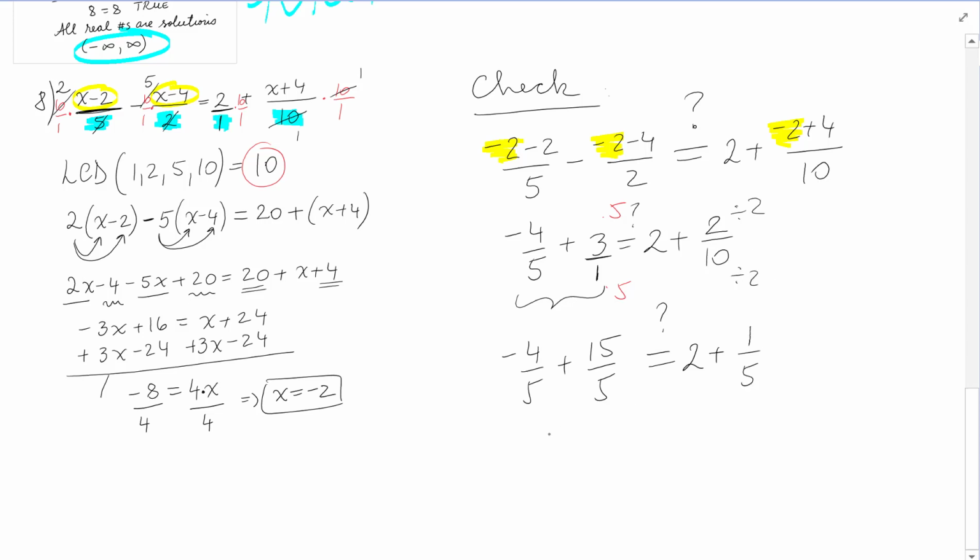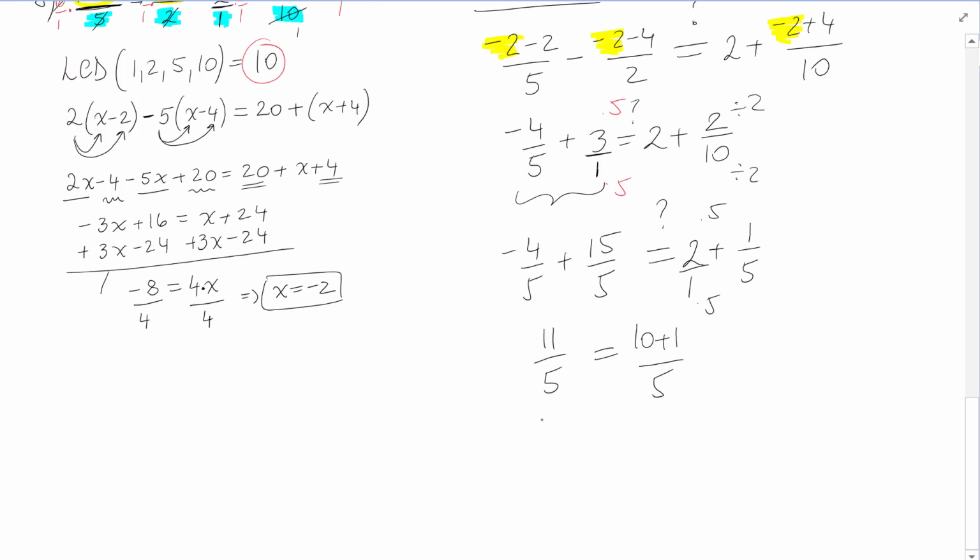So the left side is 11 over 5. And the right side, well, it's 2 over 1. Add the same denominator, so 10 plus 1 over 5. And we did get 11 over 5 equals 11 over 5. So we got that negative 2 was indeed the solution.